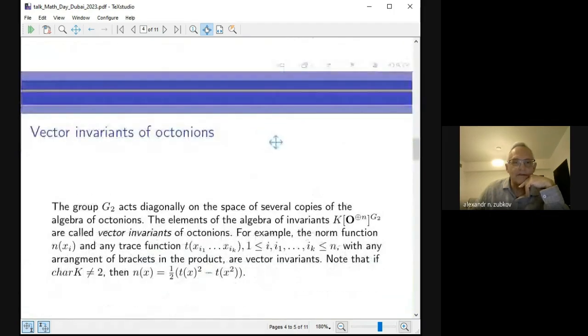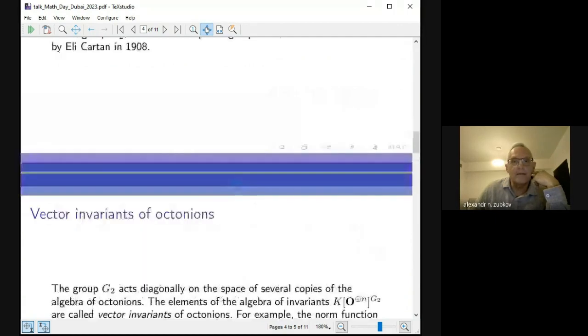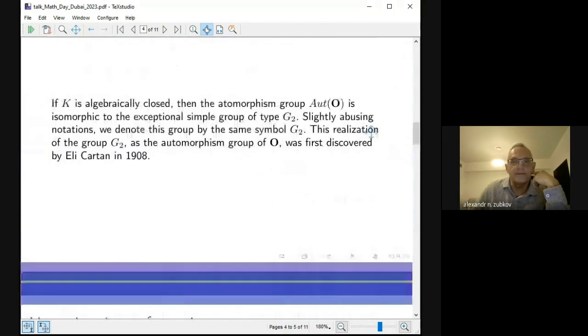And now I'm going to define what kind of invariants we are going to study here. Let me say a few words about the octonion algebra as a representation of the group G2. The octonion algebra has dimension 8, and in some sense it is a minimal or standard representation of this group G2.